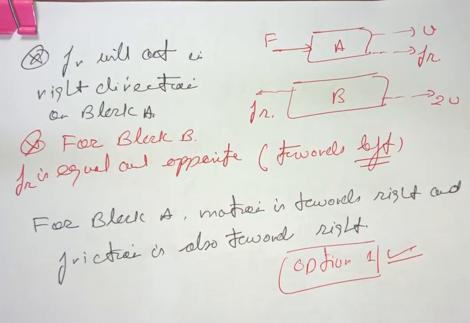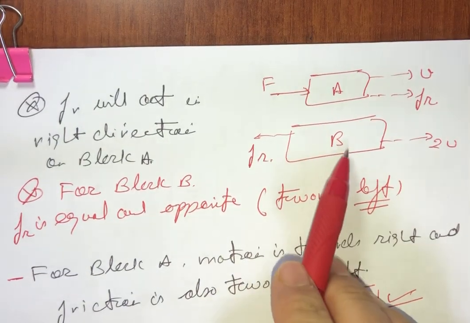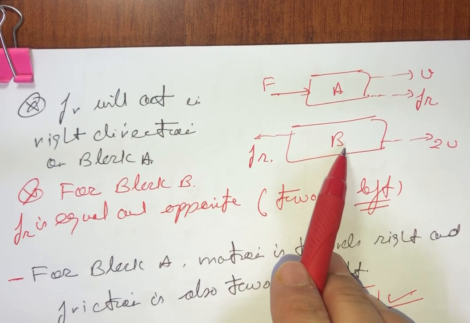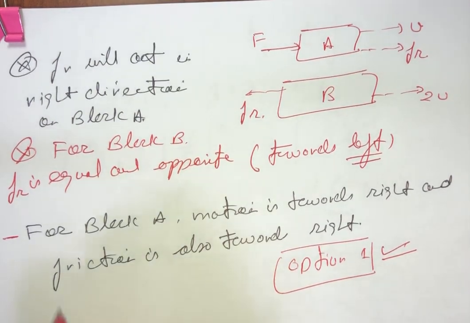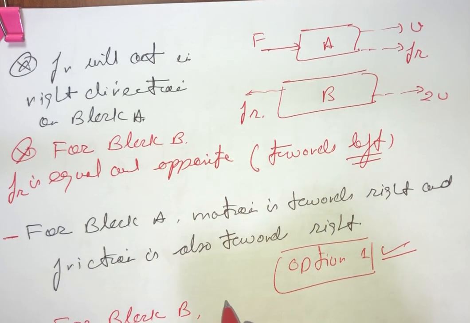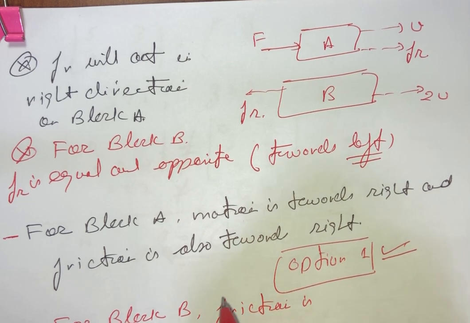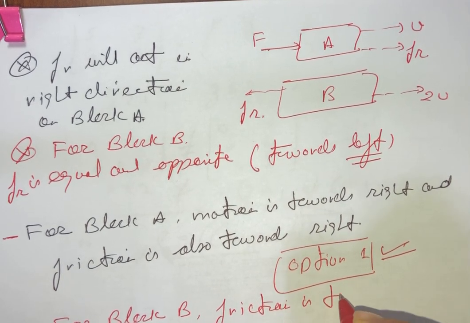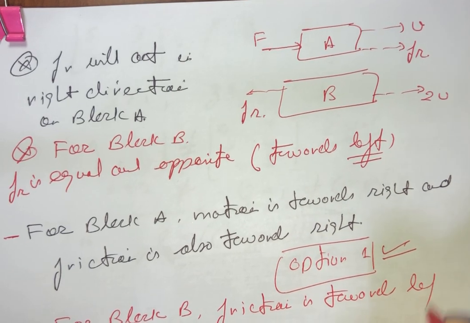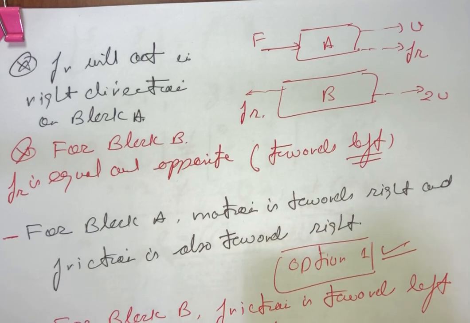Second, we can also say that on block B, friction is in the opposite direction of the motion. For block B, friction is towards left and motion is towards right.